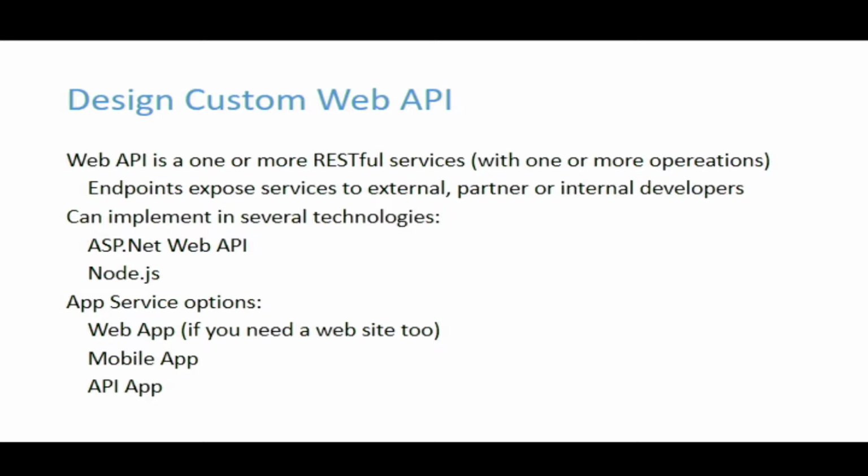You can write them in ASP.NET, you can write them in Node.js, and as I point out here, there are three options that you can actually host web APIs on in app services. Web apps is the common one. If you need a public web HTML or generated HTML technology, you're going to need to go with the web app because it's not on the other ones.